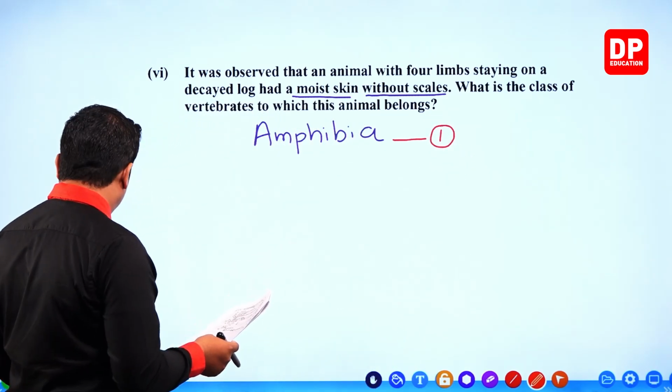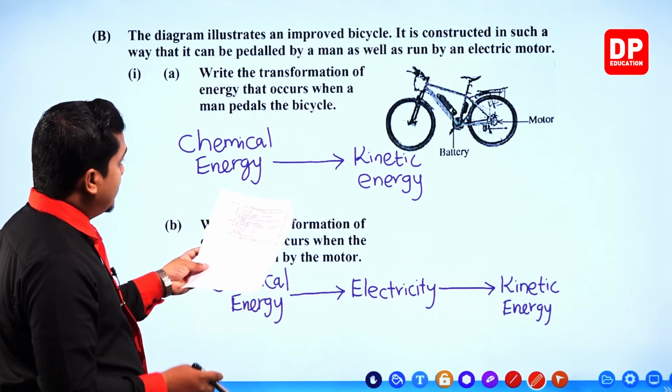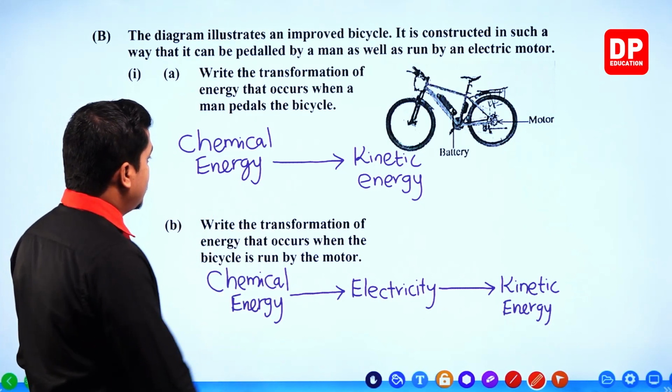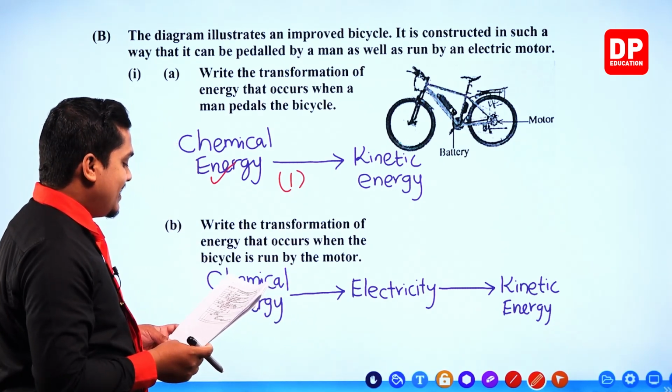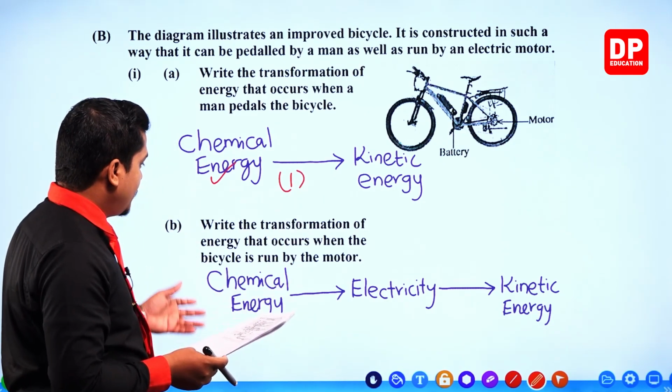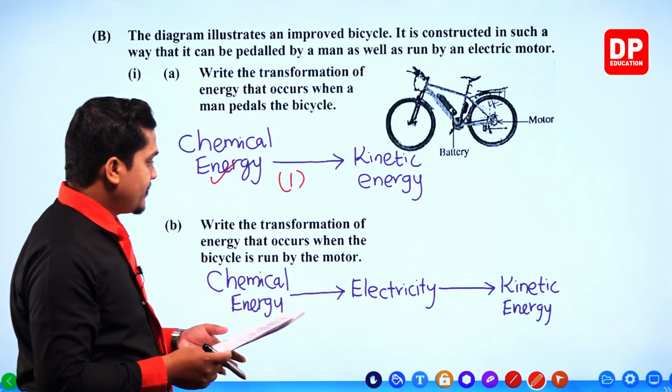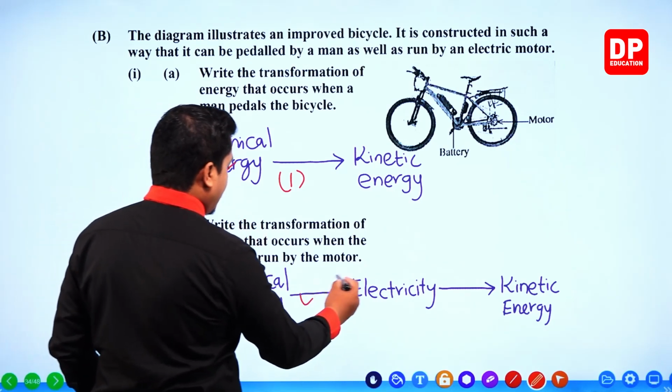Then next question, the energy transformation in the bicycle, you'll be getting 1 mark. Then the energy transformation that happens within the bicycle when it is operated from the motor, once again you'll be getting 1 mark.